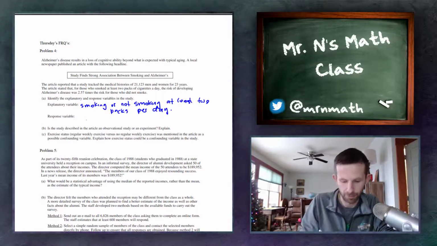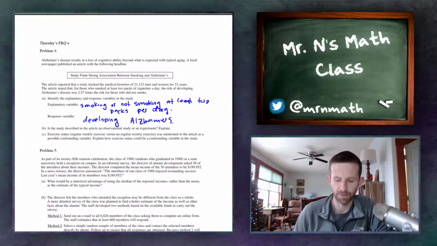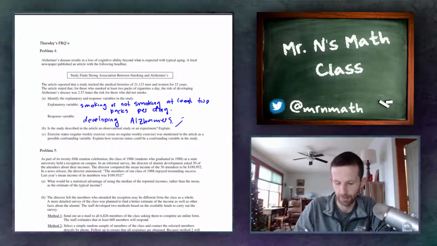The response variable is developing Alzheimer's. Is the study described in the article an observational study or an experiment? Observational study, treatment not imposed.